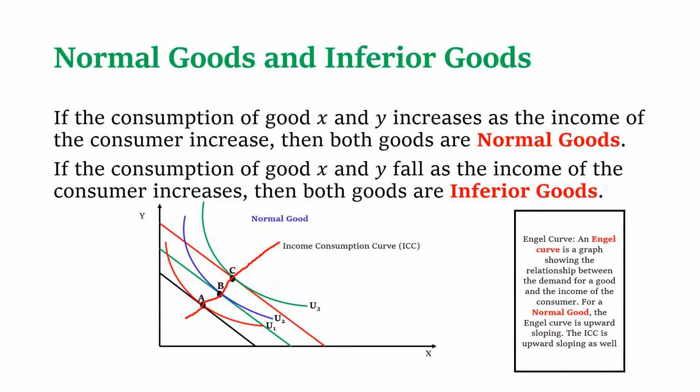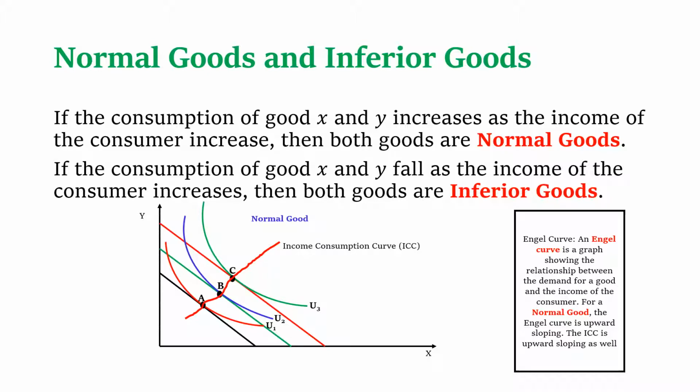Now, the Engel curve is just a graph showing the relationship between the demand for a good and the income of the consumer. Now, for a normal good, the Engel curve is upward sloping.